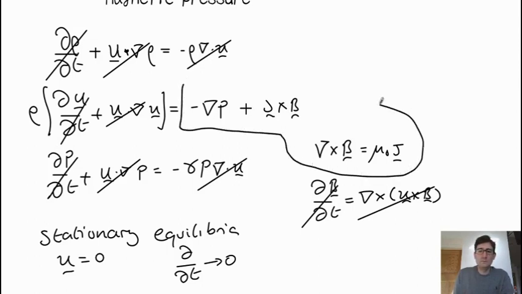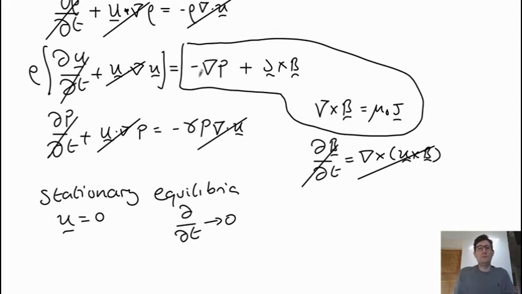So we have this bit here. This is force balance, so pressure forces balanced by Lorentz forces, and then this Ampere's law relates the magnetic field to the current.